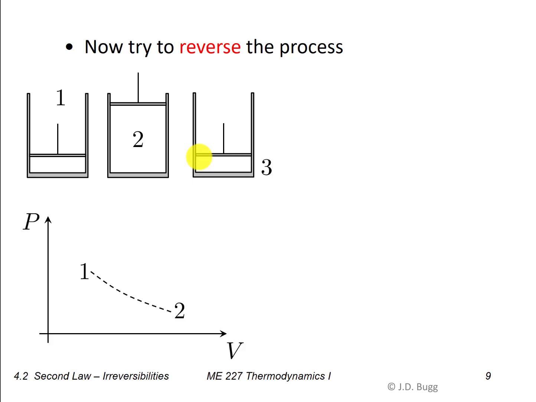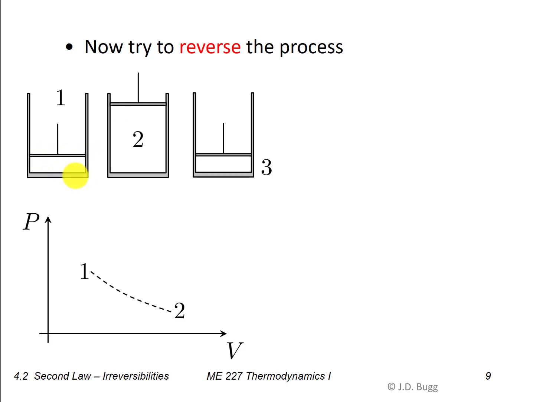Now, this is where the second law that we talked about at the very beginning comes in. Remember we said there's a natural direction in which certain processes occur. Well, there is a fundamental difference between the piston moving in this direction and the piston moving in this direction that is very important in this scenario. It is possible to move the piston from here to here fast enough that the gas does not push on the piston face.